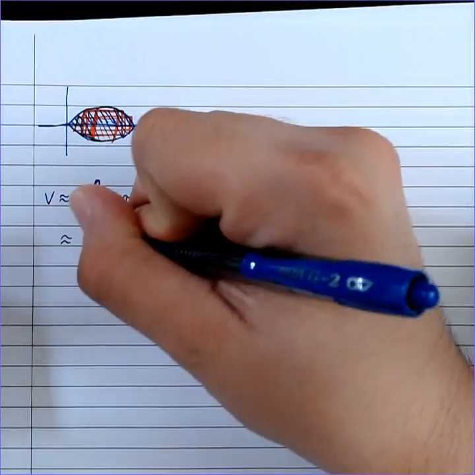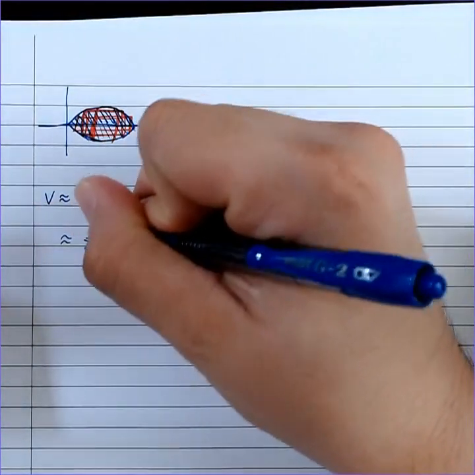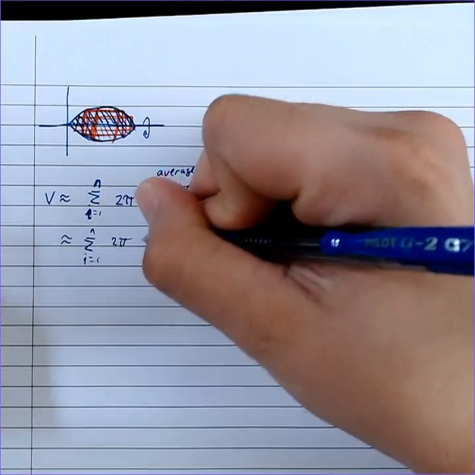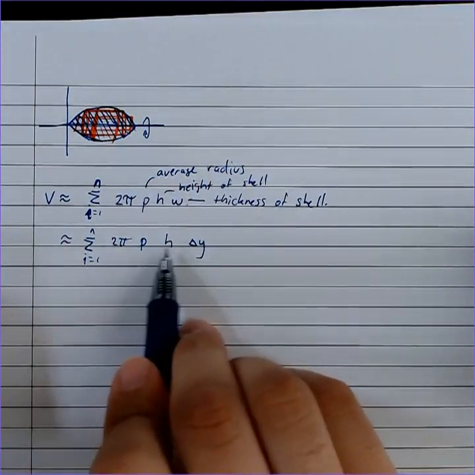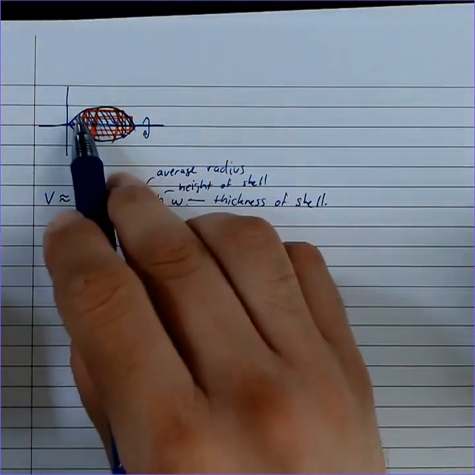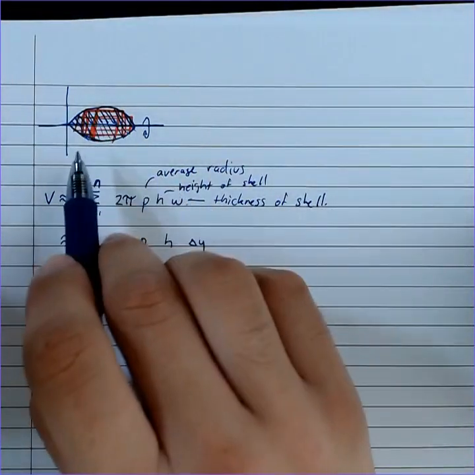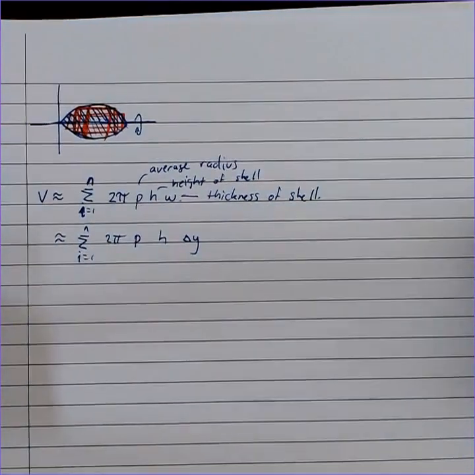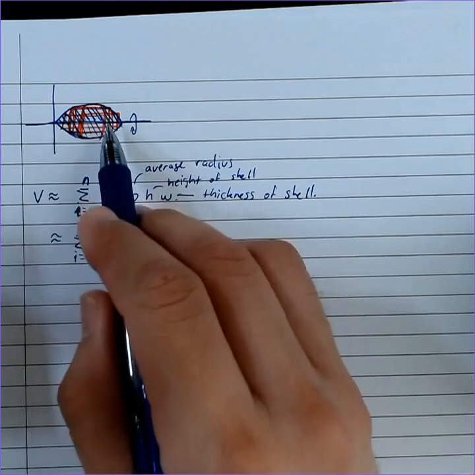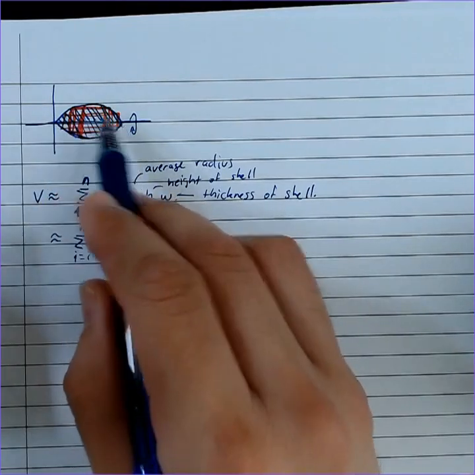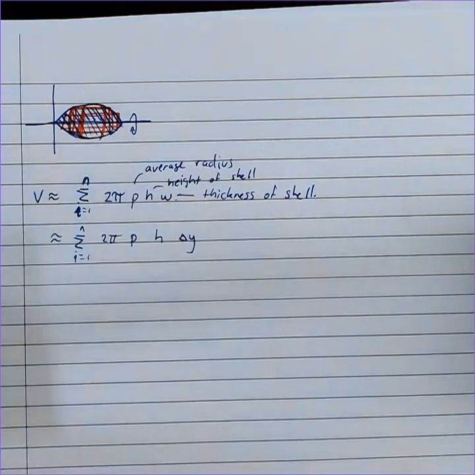So this is going to be approximately the sum as i goes from 1 to n of 2 pi p h delta y. But now notice these are dependent on my object, and it depends on the original region that I revolved, which means both of those values are going to be functions of the equation that governs the original region that was revolved.